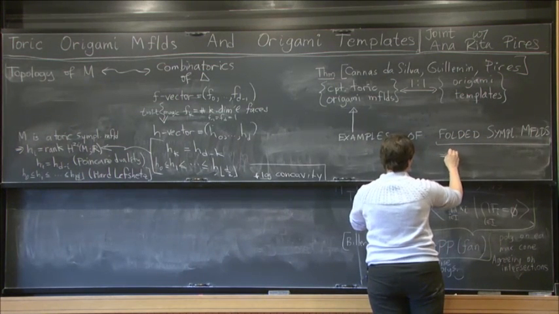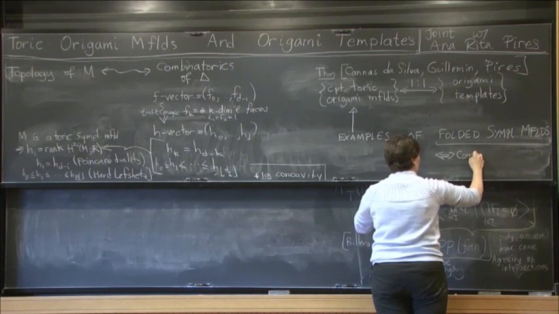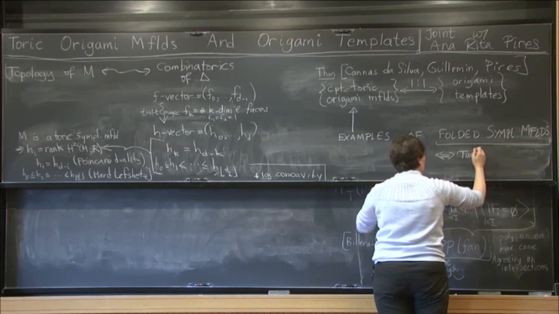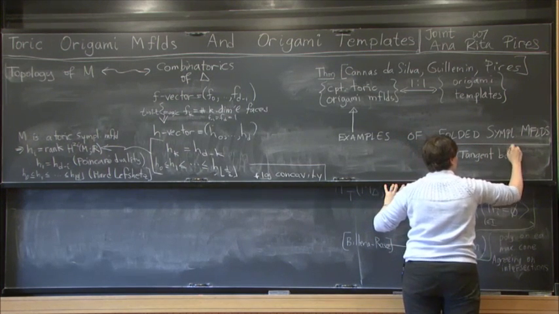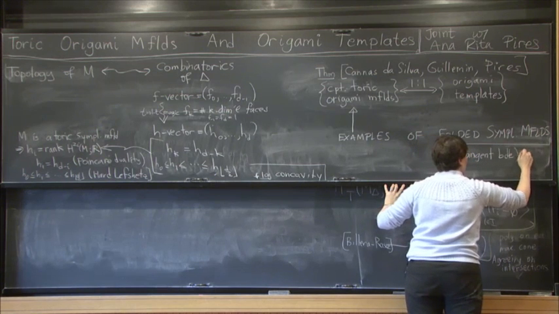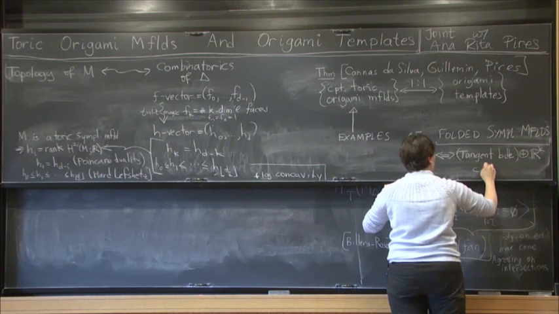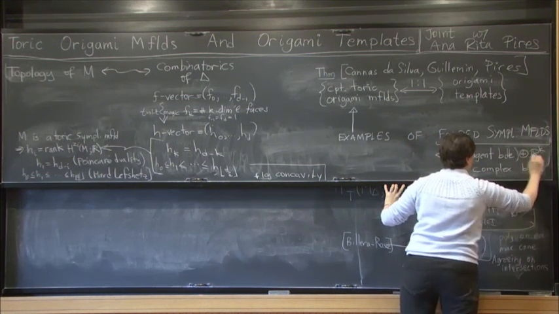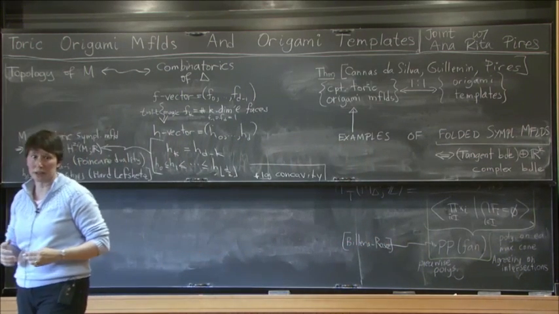Having a folded symplectic structure is equivalent to having a complex structure on not quite the tangent bundle, but the tangent bundle plus a trivial bundle.